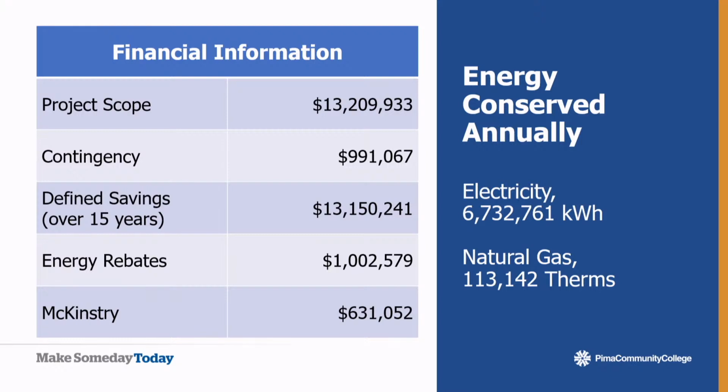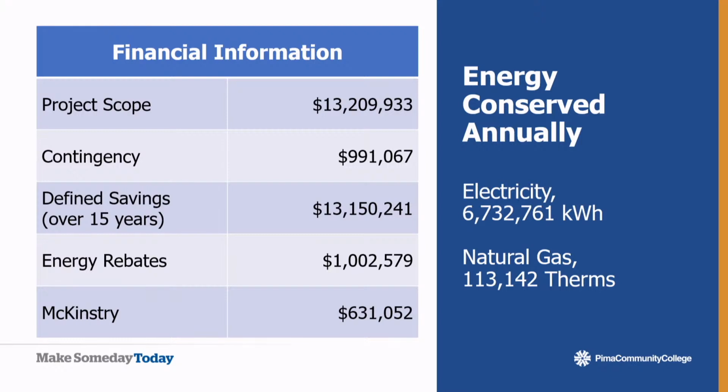Now, with the McKinstry engagement, they are basically going to be doing a validation of the measurement and verification of what Trane has promised. That's what we've contracted with them for. So Trane also did energy rebates with all of the changes that were happening with the lighting and controls for conservation of energy. Tucson Electric Power, our provider, has partnered with various agencies that can work on what are potential rebate opportunities.